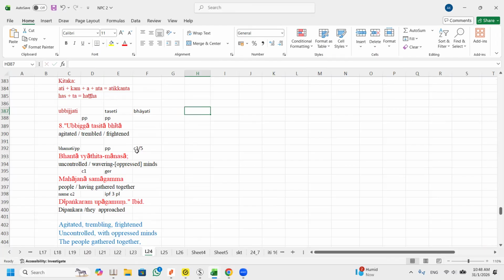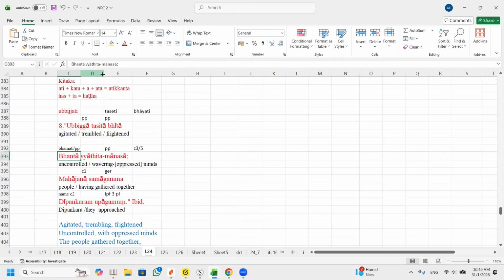This is either dative, instrumental or ablative. In this case, this word is tricky because it gives you the word wavering. So here in brackets I put oppress.